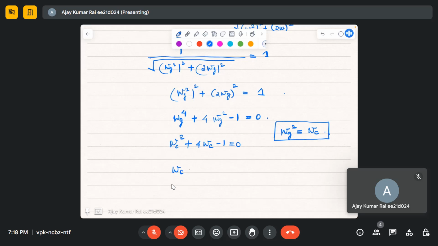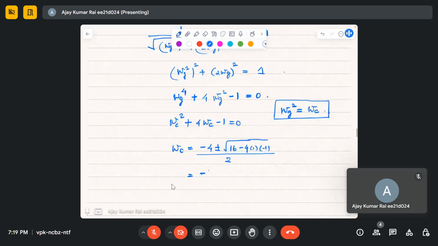So omega c is minus 4 plus minus root of 16, that's 4 square minus 4 into 1 into minus 1. Okay, minus 4AC, C is minus 1. So this is minus 4 plus minus root of, 16 plus 4 is 20, right?